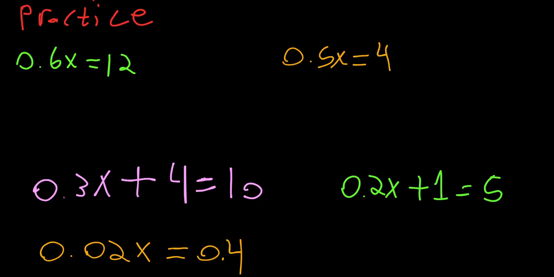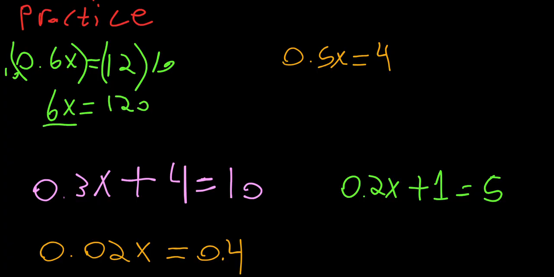All right, I hope you had a great deal of success doing that. Now it's my turn. I'm going to multiply both sides by 10 to get 6x equals 120. I'm going to divide both sides by 6 to get x equals 20.